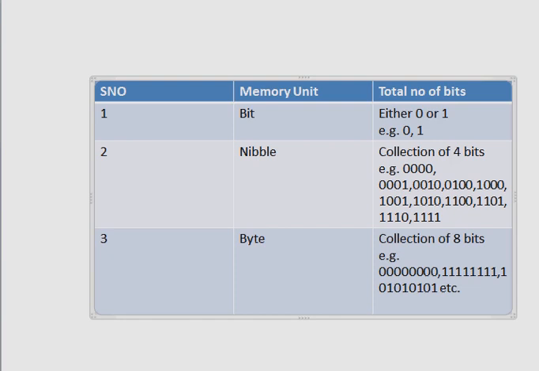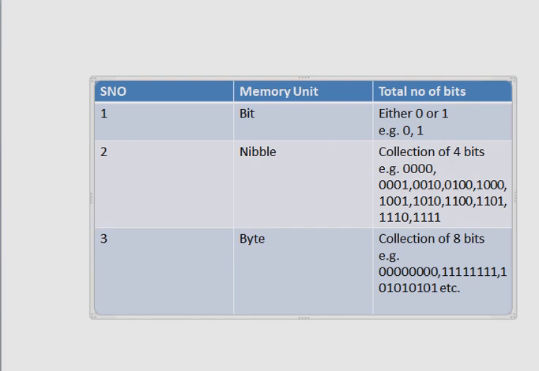Those 4 bits may contain either 0 or 1 inside. So I have given some examples. If you give 4 times 0, you have a nibble with all zeros, and you can have 4 times 1, a nibble with all ones. So if you are writing 4 bits there, a nibble is created.